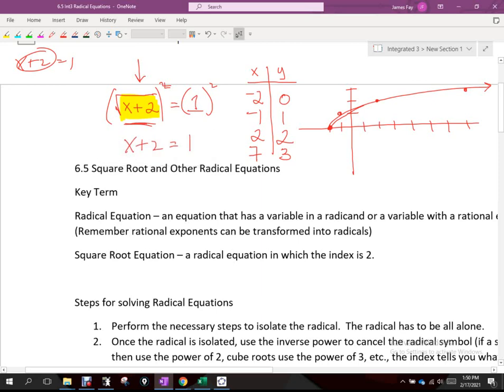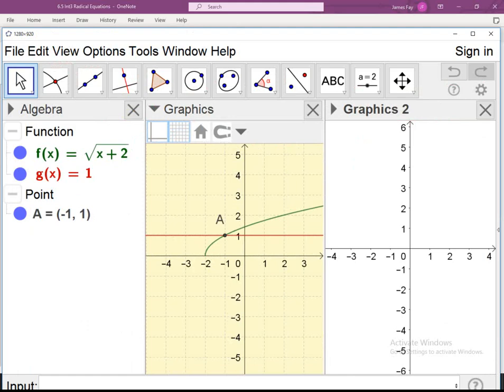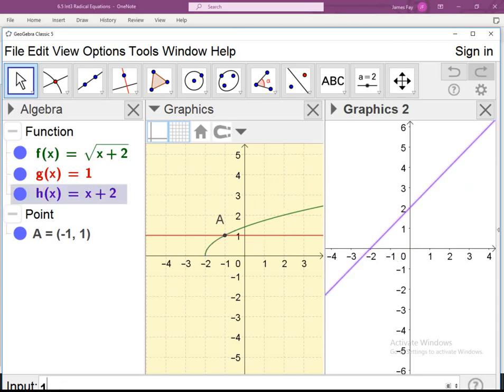So I want to graph what that looks like. x plus 2 being the left-hand side, and 1 being the right-hand side.